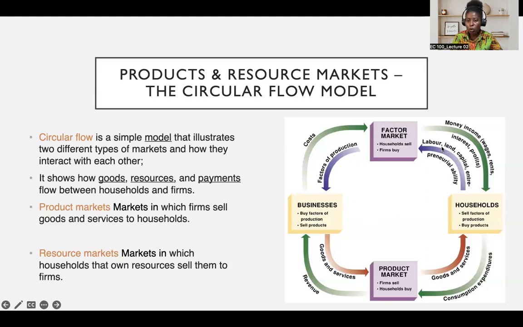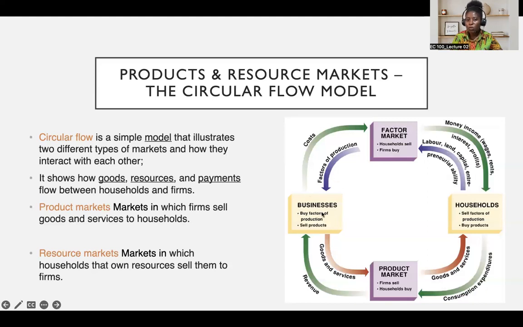So I hope this top part is very clear, all right? I'm going to repeat one more time. Households give their services, their resources, okay? They go to the marketplace and give their services. Businesses buy them, okay? They buy labor, they hire land, they take it to the factory, they take it to the office and produce goods.